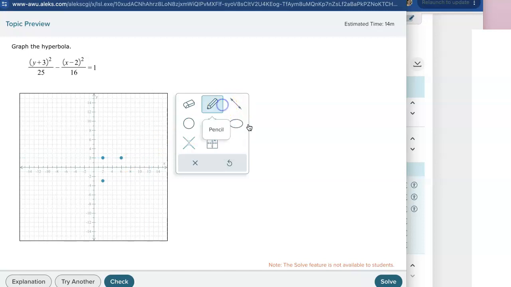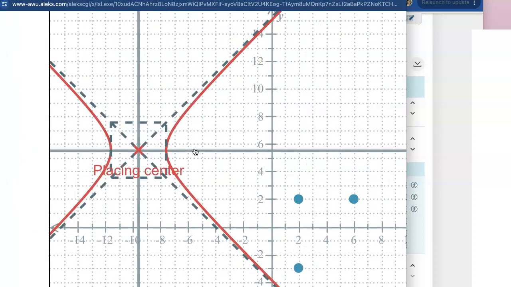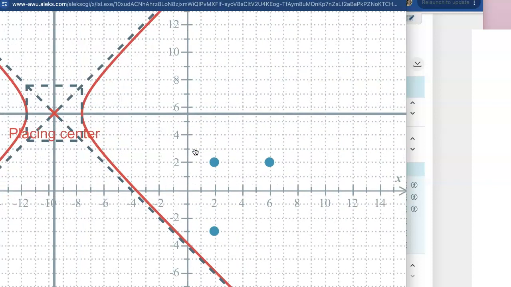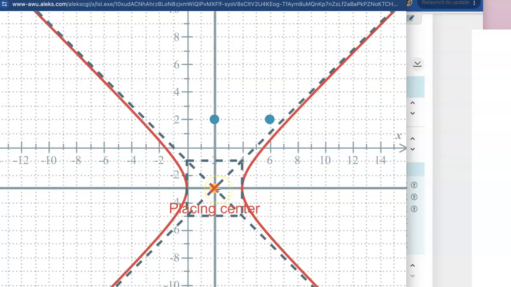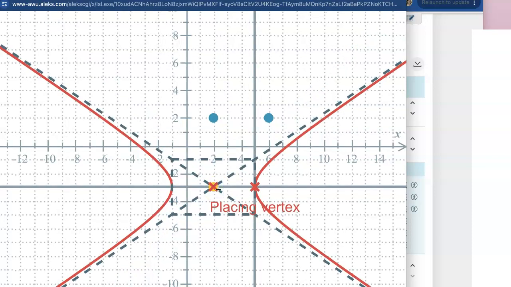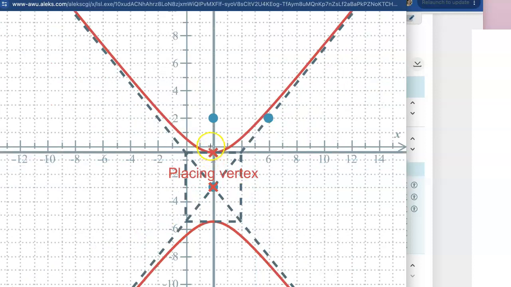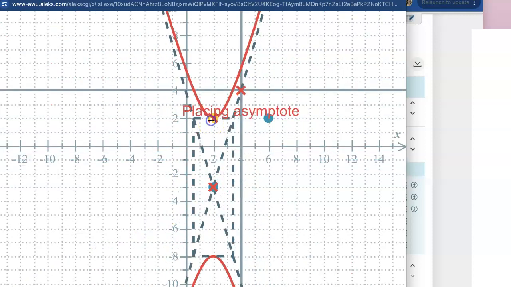Now, once you have those 3 points, click on the hyperbola tool, okay? And they're gonna ask you to place the center. Where's the center at? This point right there at 2, negative 3. Next thing they're asking is placing the vertex. Now go up, move your mouse, put that vertex right there. And then lastly, they want you to place the asymptote point.